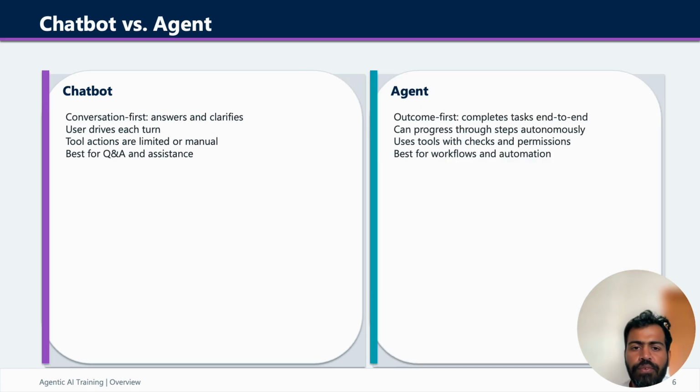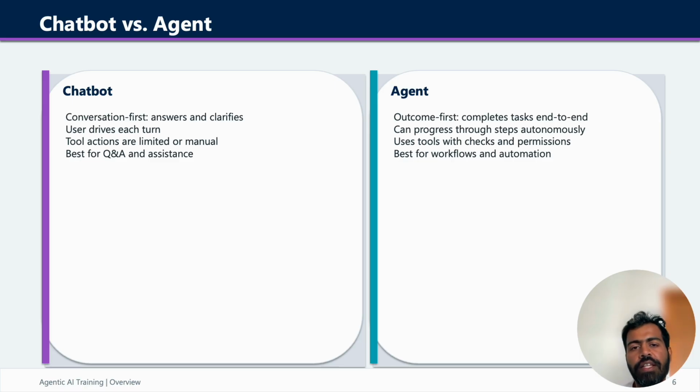So, chatbots versus agents. Let's compare them. Well, a chatbot is prompt driven. The user is in control of each turn. An agent is goal driven. It is designed to progress through steps and reach an outcome. A quick example: book me a flight.